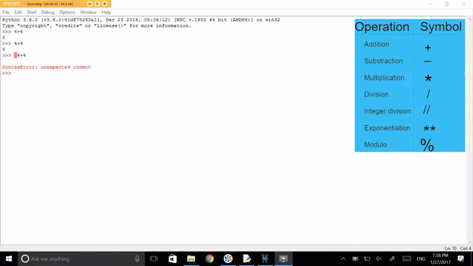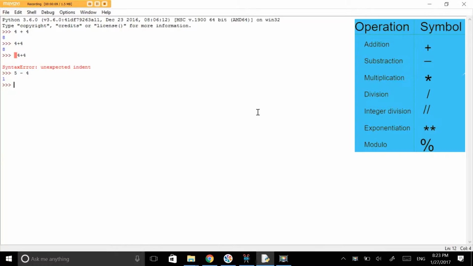The next operation on the list is subtraction, and to subtract all you have to do is type in your two numbers and put a minus sign in between them. So 5 minus 4, the answer is going to be 1. Right after subtraction comes multiplication, the next operation we're going to look at.